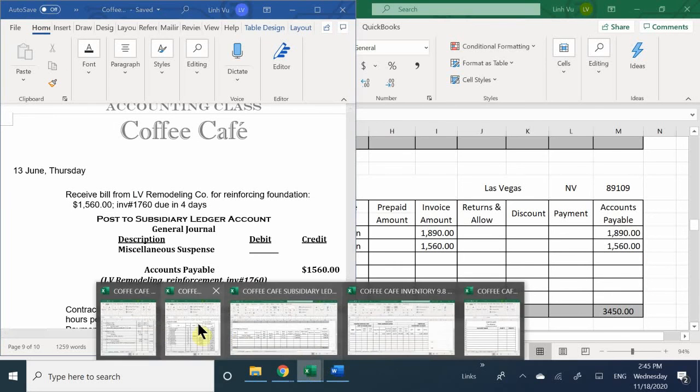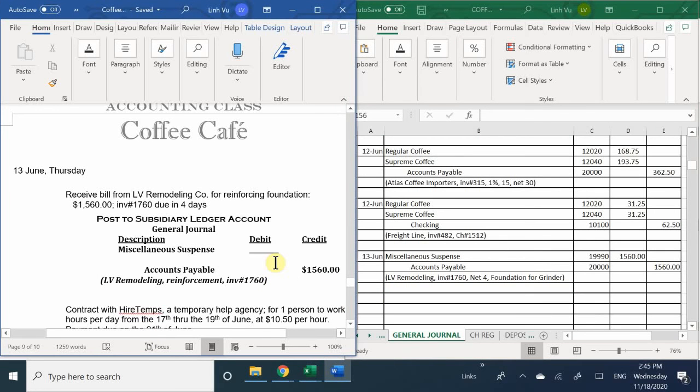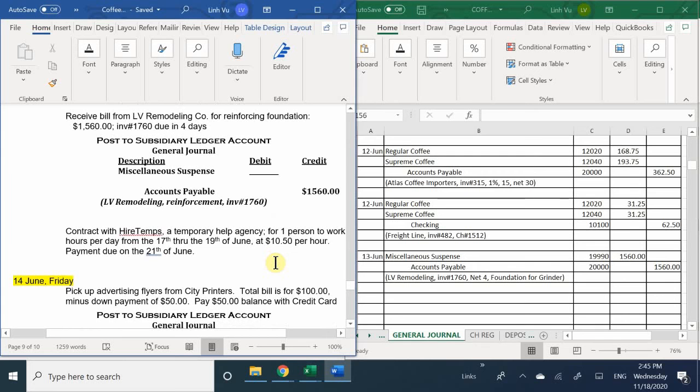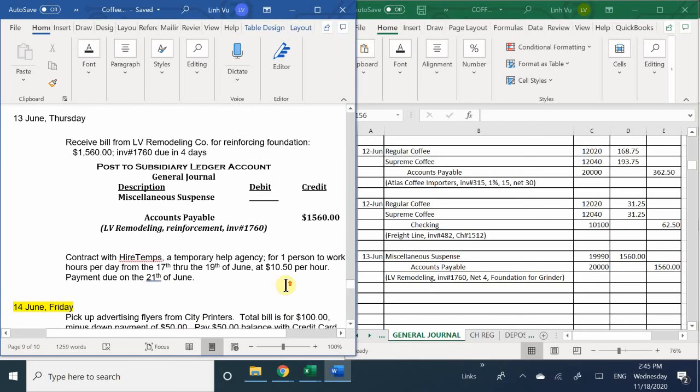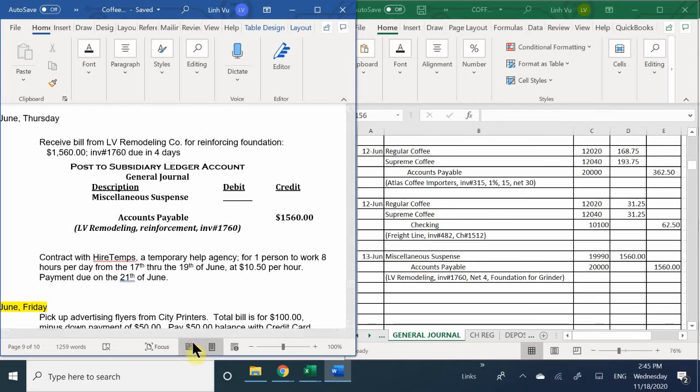Okay? So now that is done and cleared out, we can now see what has happened next in our journal or scenario. Okay, so here we complete our miscellaneous expense. So what has happened next? Contact with Hire Temps, a temporary help agency, for one person to work 8 hours per day from the 17th through the 19th of June at $10.50 per hour.